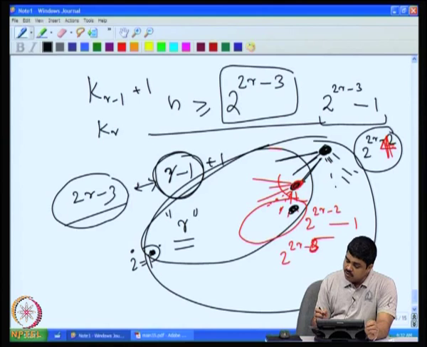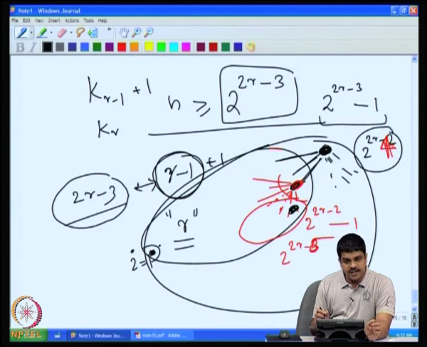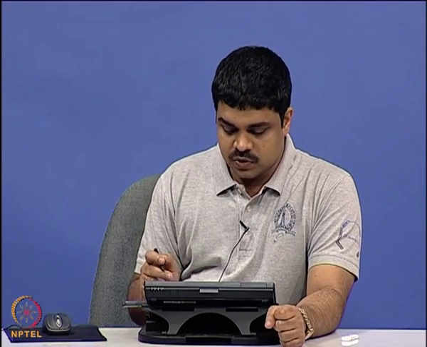So, we can see that if the number of vertices in the graph is at least 2 raised to 2r minus 3, we can always find either a complete graph on r vertices or an independent set on r vertices.